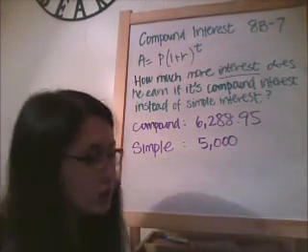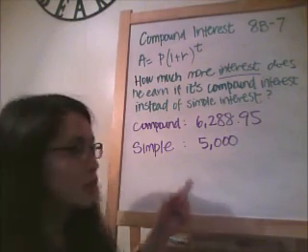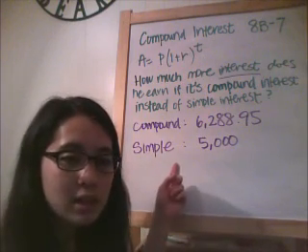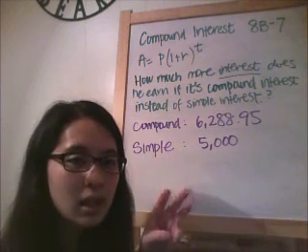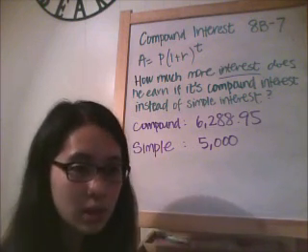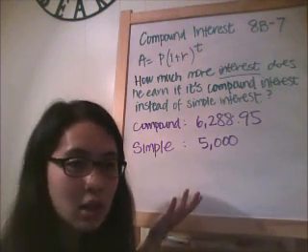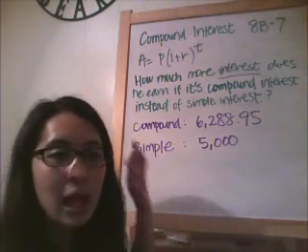So if you notice, compound interest gives you more money back. So in any question when it asks you to compare compound versus simple interest with the three same numbers for P, R, and T, compound interest is always going to be greater. So this question asks exactly how much greater. So you take compound interest and you subtract the simple interest and see how much more you got.